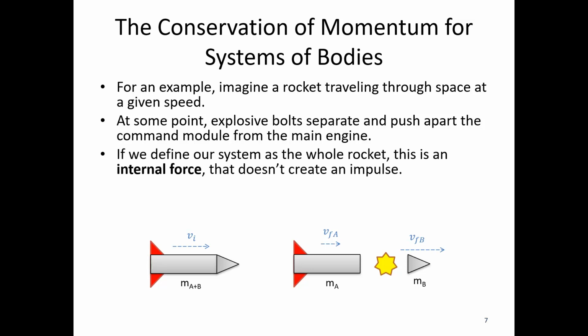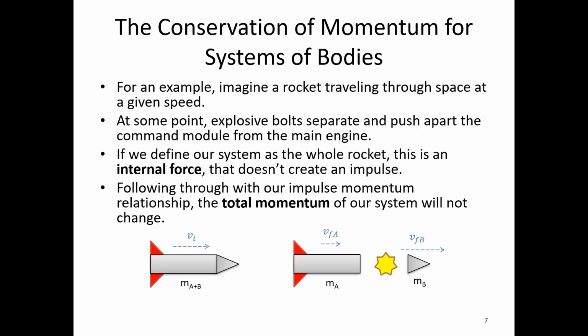So if we define our system as the whole rocket, this is an internal force. It's because the explosive bolts are going to push equal and opposite on either side of this, and that does not create an impulse. So following through with our impulse momentum relationship, we can say that the total momentum of our system will not change.